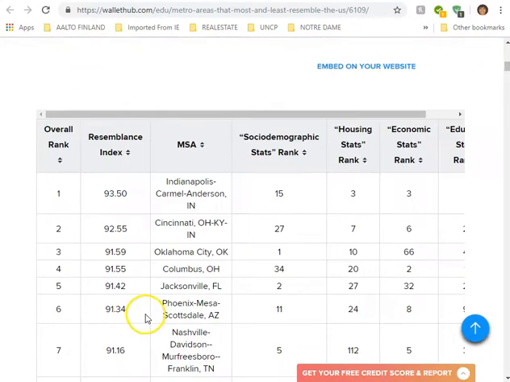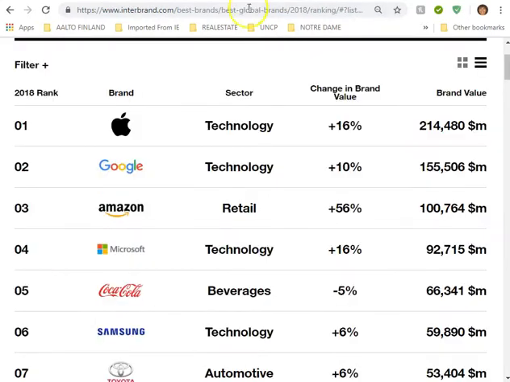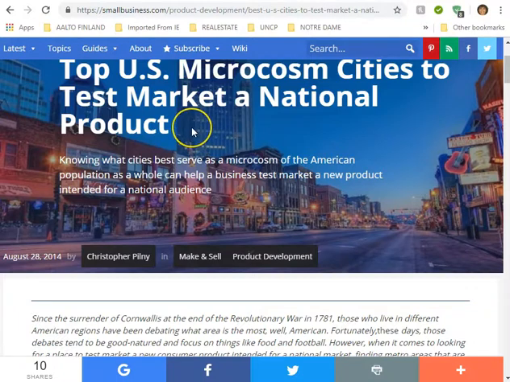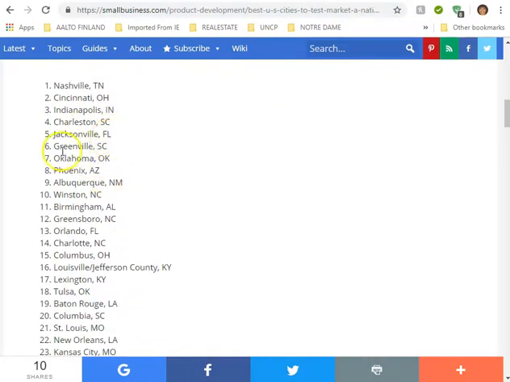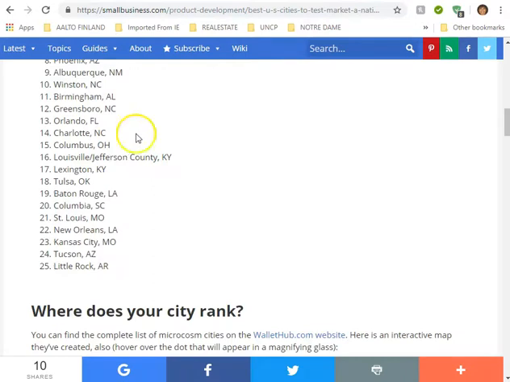The closer you are to 100, the more similar you are to the country as a whole. And then finally, I believe I had another one. And then this is another example: Nashville, Ohio, Indianapolis, South Carolina, Jacksonville, Florida, and so on.